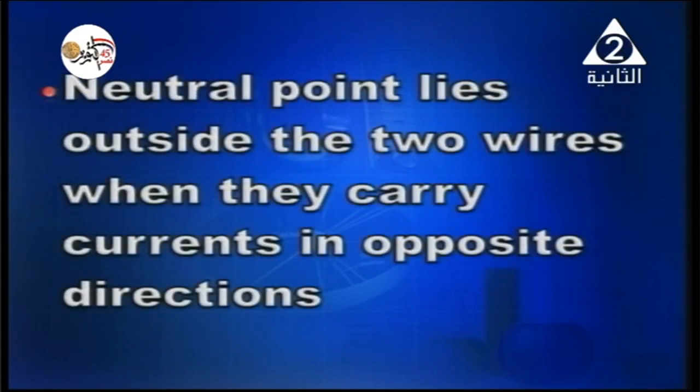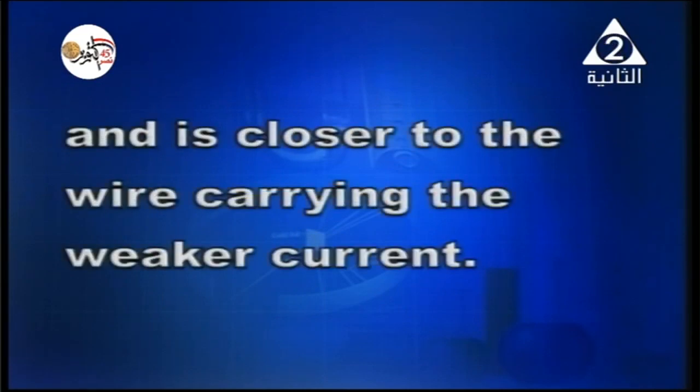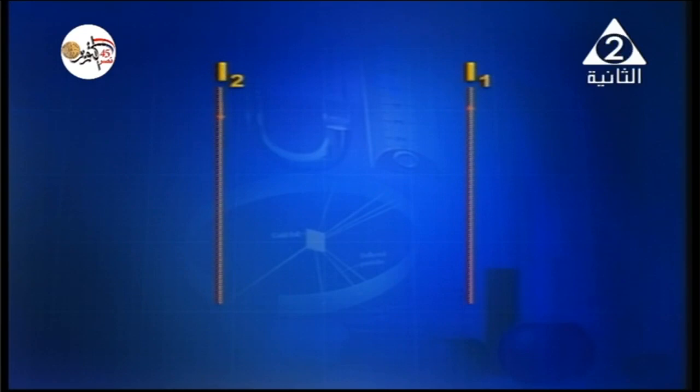The neutral point lies outside the two wires when they carry currents in opposite directions. And also it is closer to the wire carrying the weaker current. In front of you, two wires are shown, and they carry currents in opposite directions.